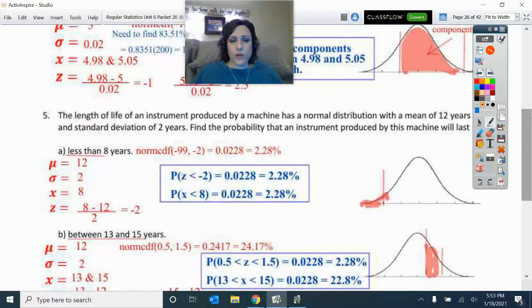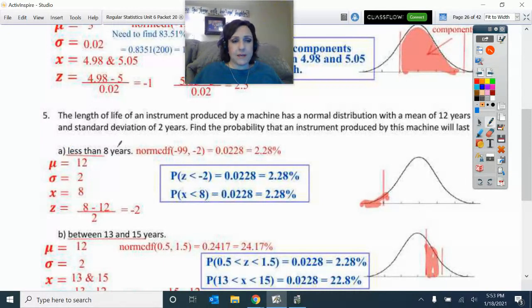All right, and now we're talking about the length of the life of an instrument produced by that particular machine. They have a mean of 12 years with a standard deviation of 2. So find the probability that the instrument produced by this machine will last less than 8 years.